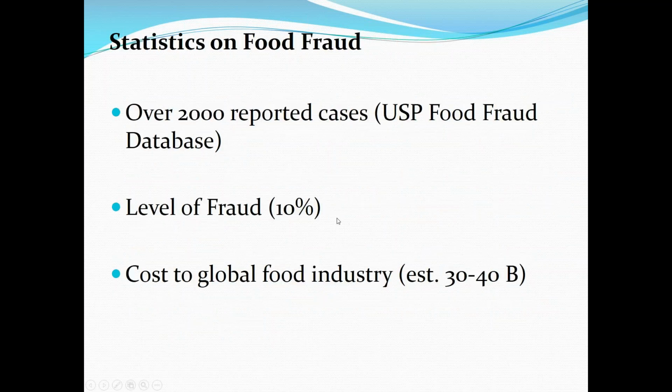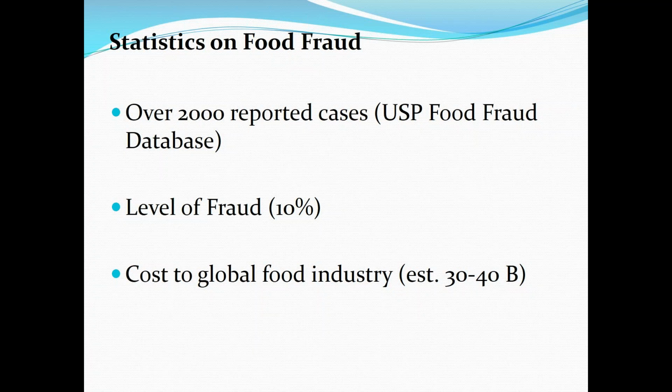I have given you some statistics on this particular slide. Some organizations are very active in coming up with useful sources of information. One useful source is the USB food fraud database. They have identified more than 2,000 reported cases of food fraud.